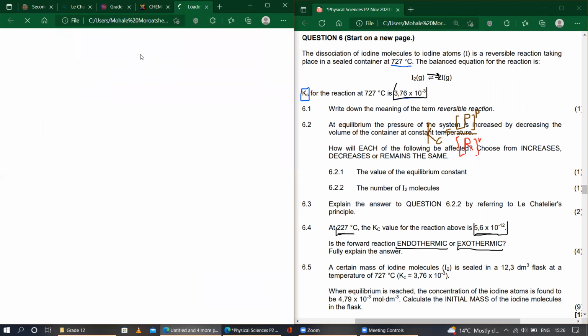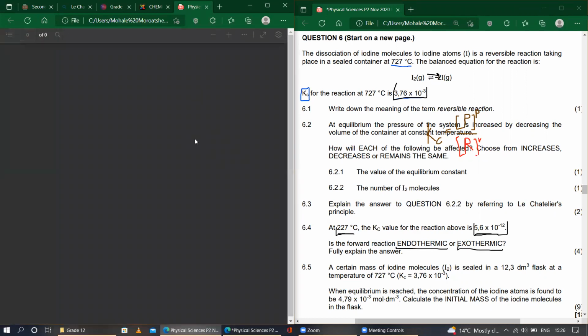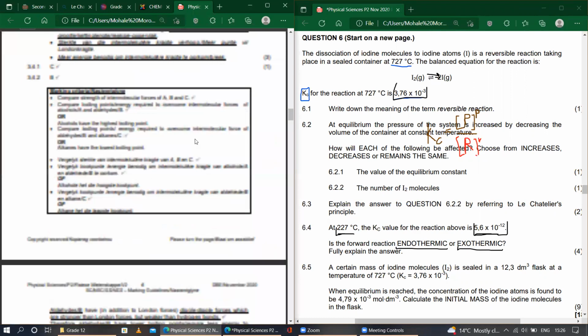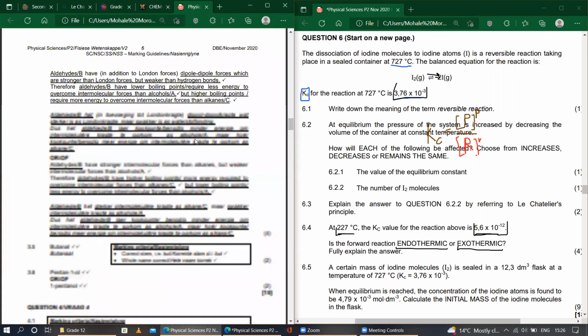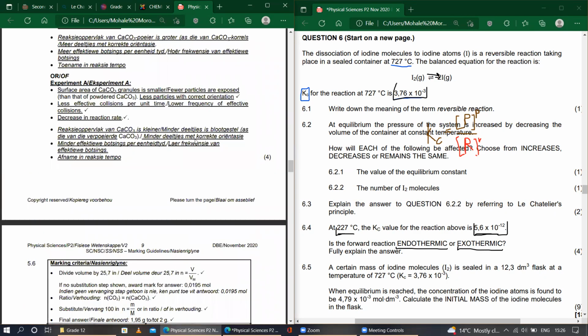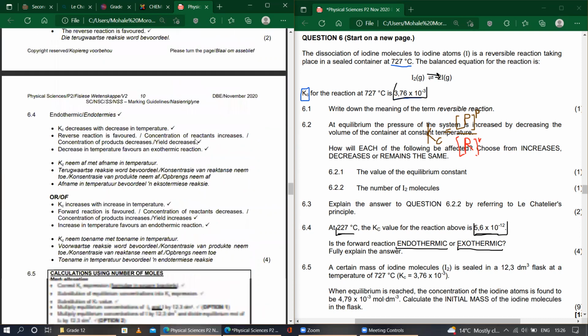It's question 6, right? Yes. So at question 6, they say the reaction is endothermic because the constant decreases with temperature, and thus the concentration of reactants increases.